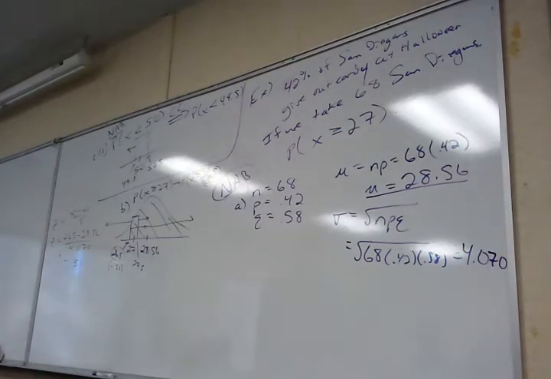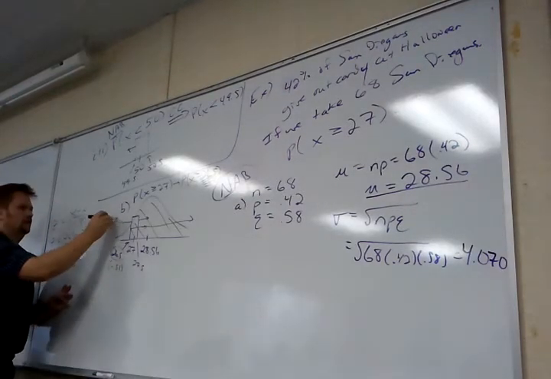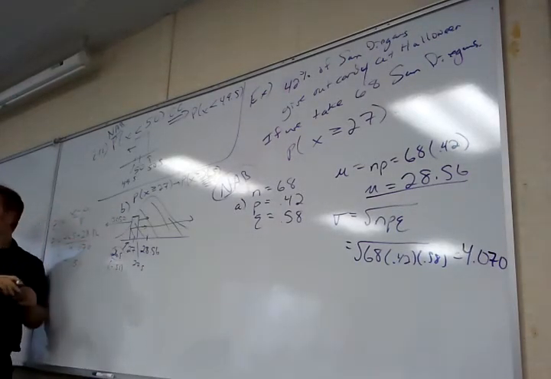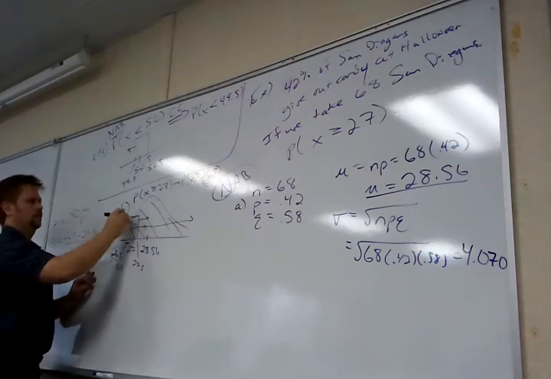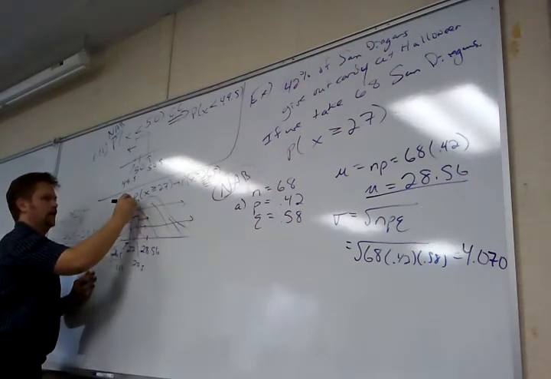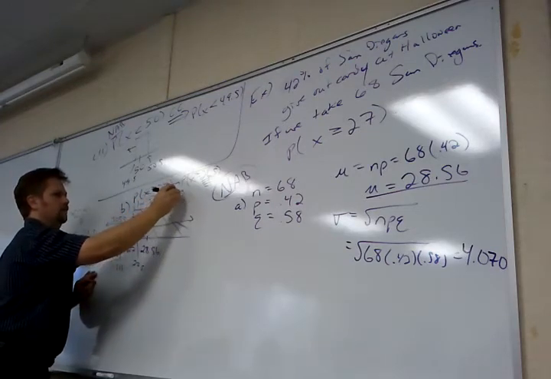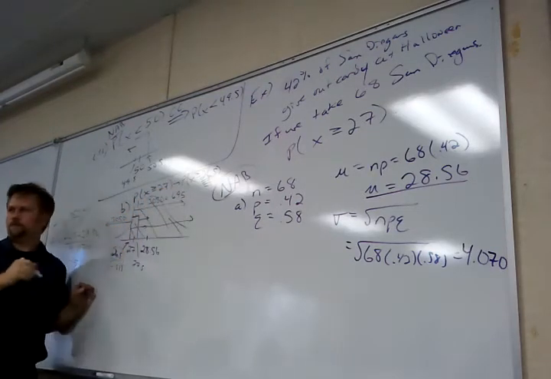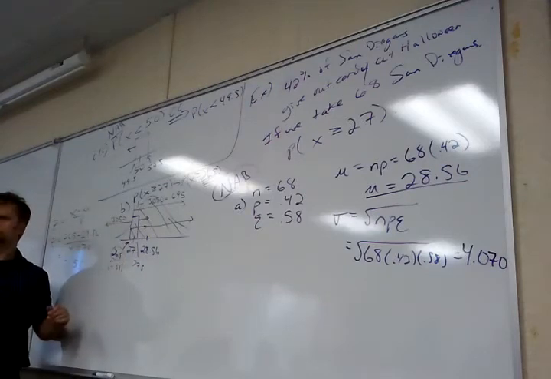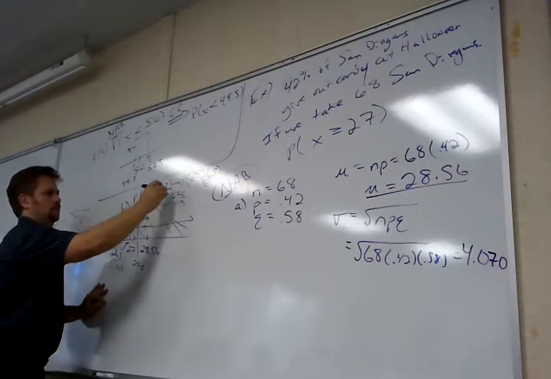Cool. Is that my answer? No. You have to subtract from 1. Exactly. So to get this side, I got to do 1 minus that. And I get 0.695. Right? 69.5% chance.